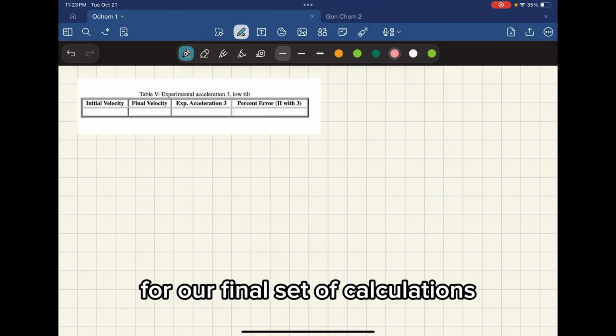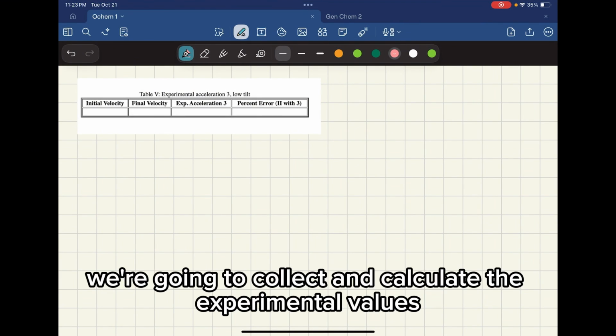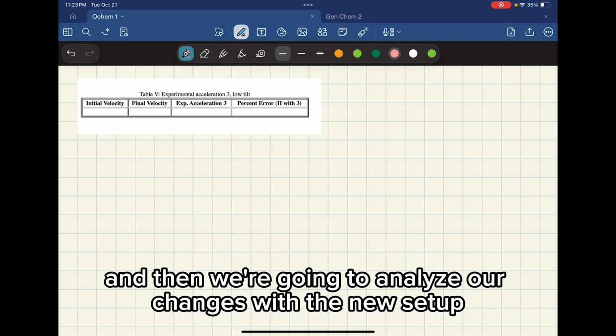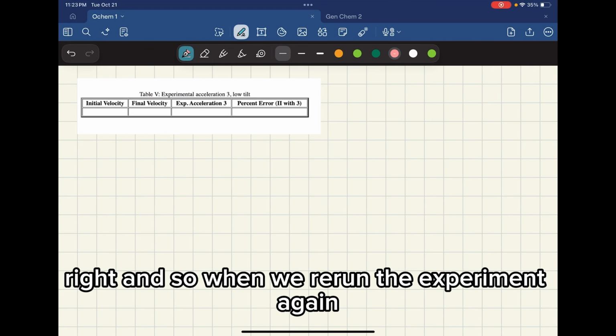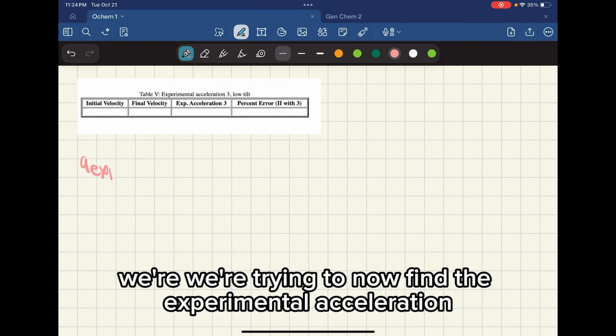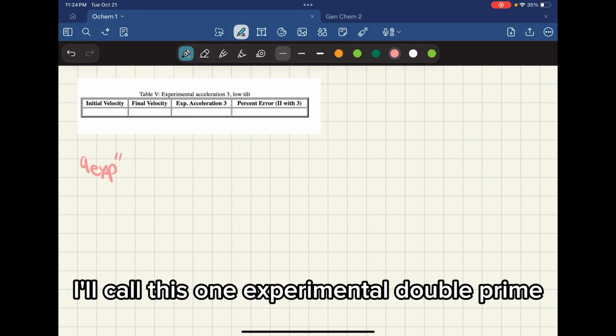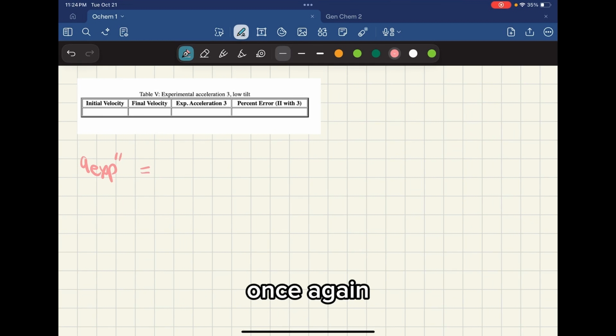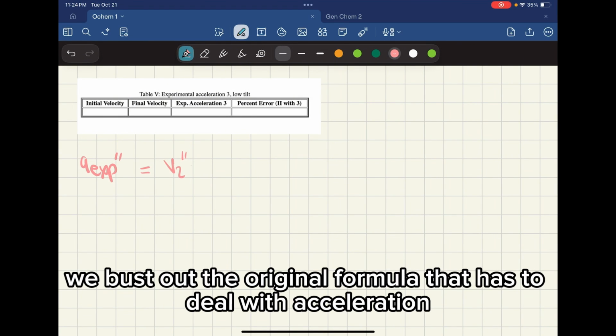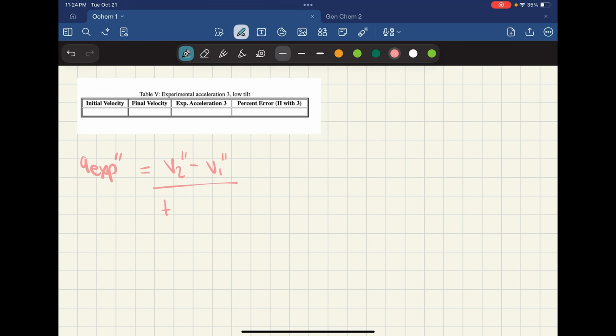For our final set of calculations, we're going to collect and calculate the experimental values, and then we're going to analyze our changes with the new setup, right? And so when we rerun the experiment, again, we're trying to now find the experimental acceleration. I'll call this one experimental double prime. Once again, we bust out the original formula that has to deal with acceleration.